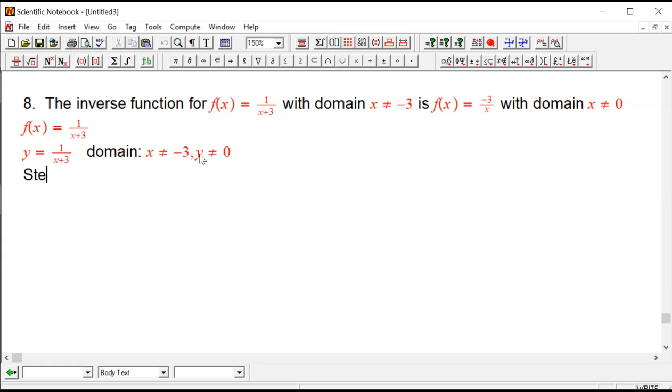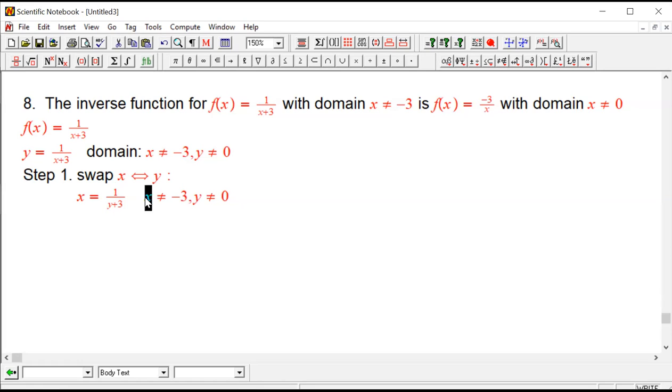And step 1, swap x and y. The consequence of this swap is x equals 1 over y plus 3. It also caused, it used to be x not equal to negative 3.